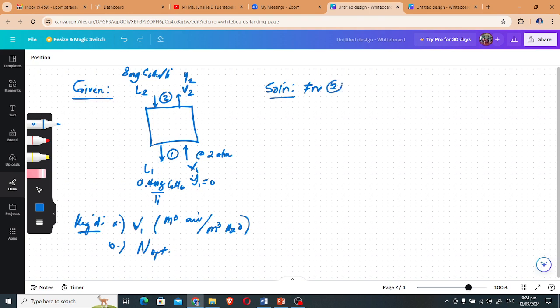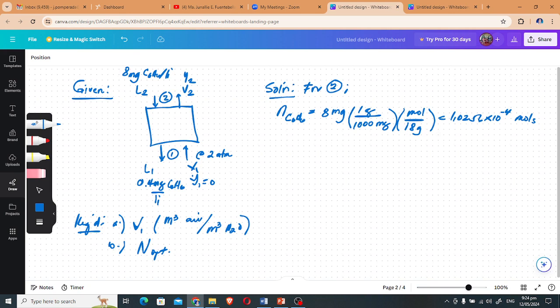So for stream 2, we need to determine the number of moles of benzene, and in that case we have 8 milligrams benzene, and we convert it to 1000 milligrams to 1 gram, and then we'll have 18 grams for every mole. So this is 1.0256 times 10 raised to negative 4 moles of benzene per liter of water.